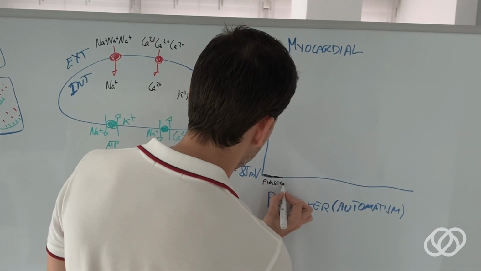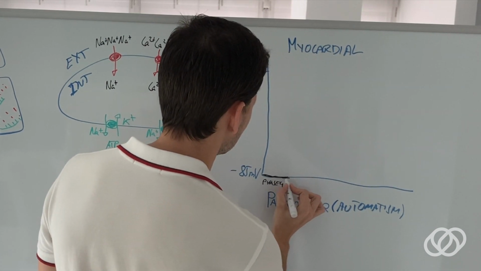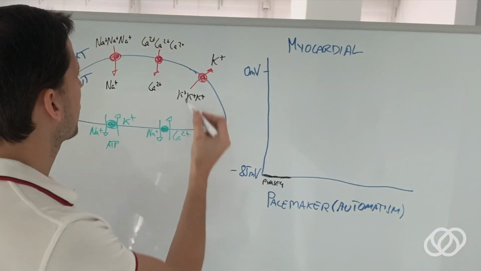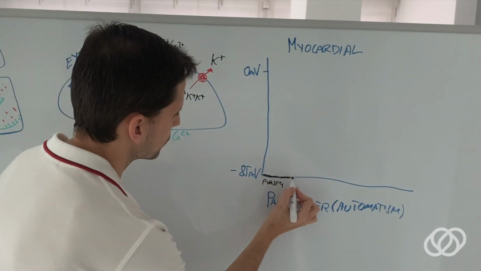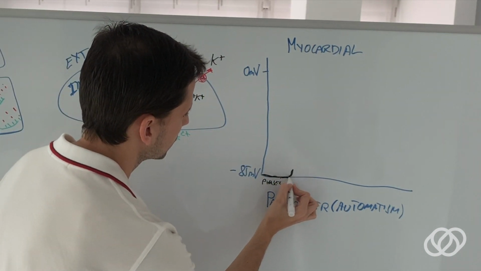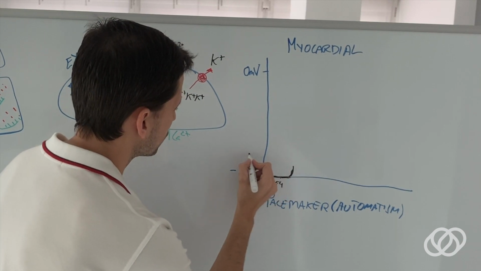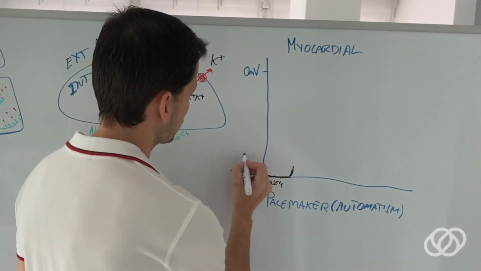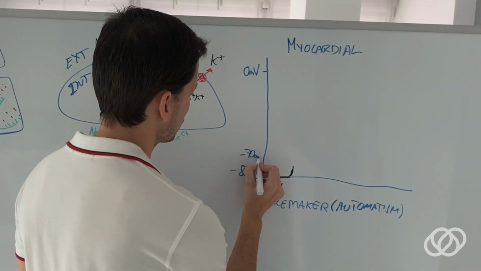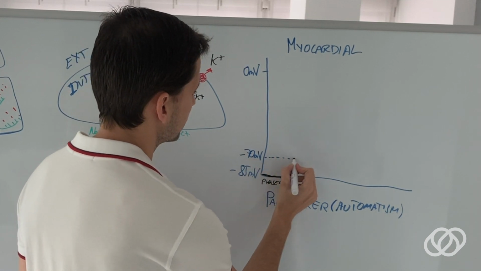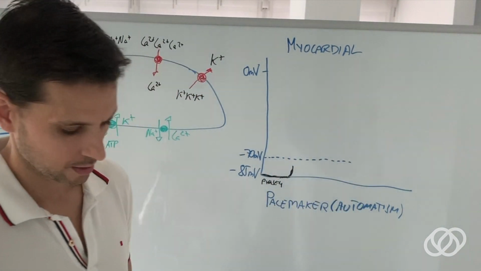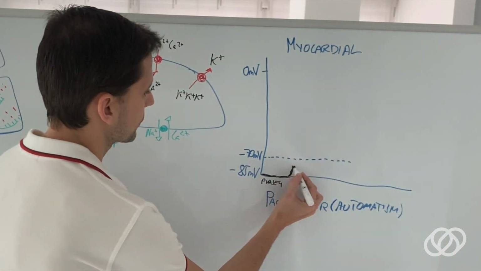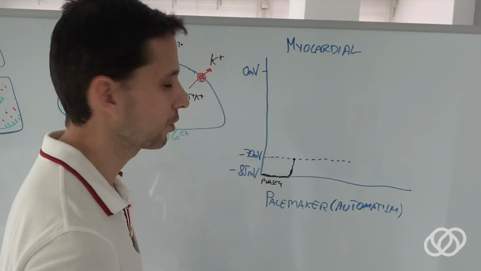In this phase 4, they need some stimulus to begin. If a stimulus comes, then the voltage will change, and then we can arrive to one threshold that we have here. There is one threshold around minus 70 millivolts. If we reach this threshold by some stimulus that comes from another cell, then it will begin what is called phase 0.